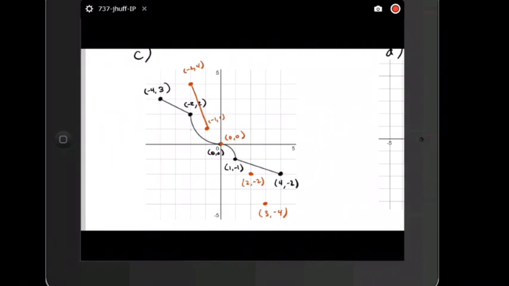And then we've got to figure out what this is going to look like transformed. So looks like it would come here and there.